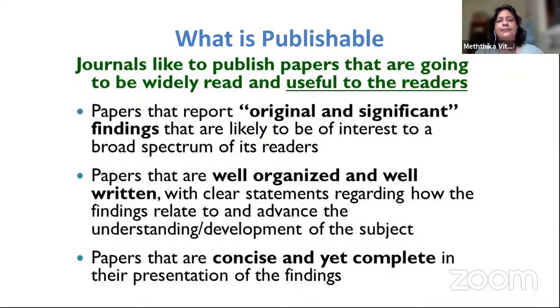And if you have original findings, if you have significant, important findings, then it is very easy for you to publish. In this case, undergraduates might not be able to do anything because your supervisor gives you the project, right?